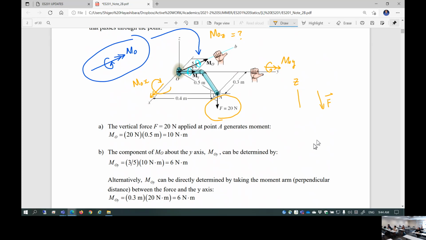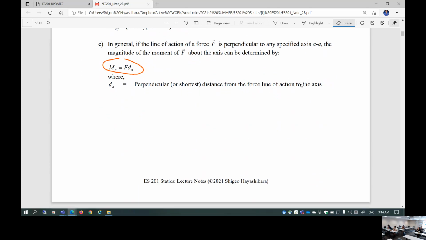This is the z-axis. You're pushing along the z-axis. So zero moment about z, right? So basically the moment is only in two directions, x and y. All right, good. That's an interesting practice, isn't it? Anyways, let's just move on.